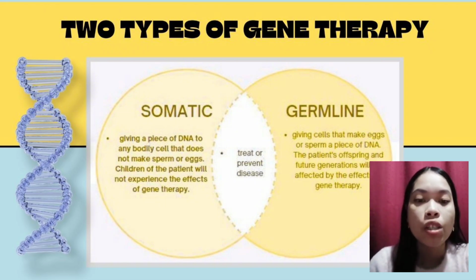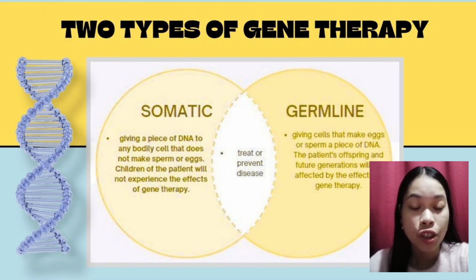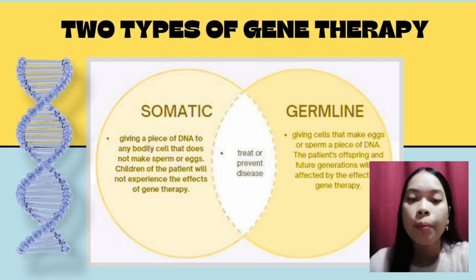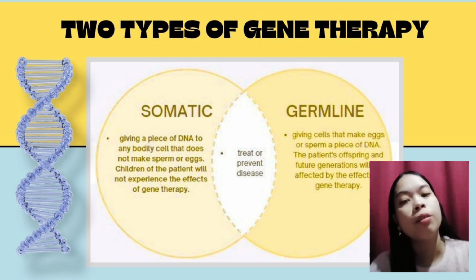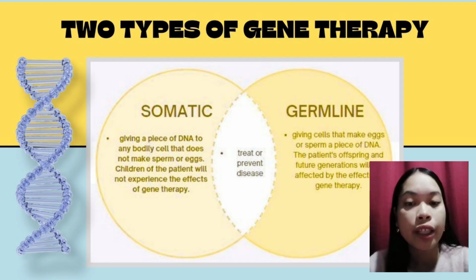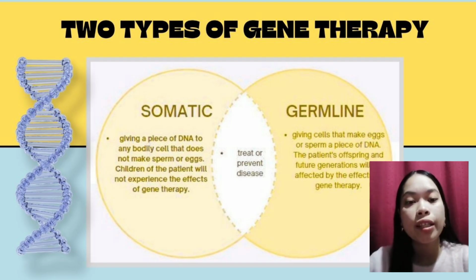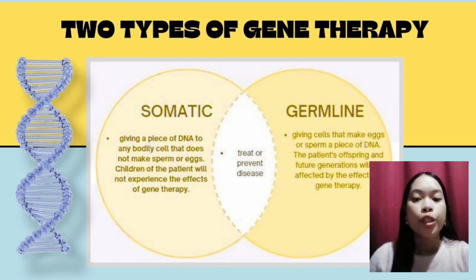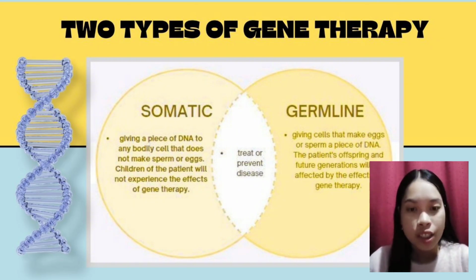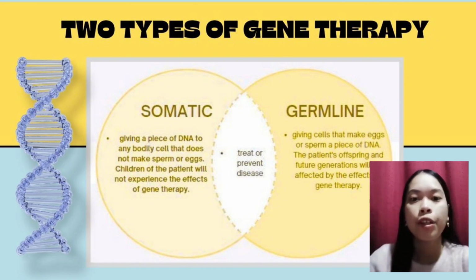That means the patient's offspring and future generations will be affected by the effects of gene therapy, because any mistake made could hurt people for hundreds of years. Countries across the world have banned this practice for now. So the core idea is simple. Somatic therapy only changes the individual being treated, but germline is the therapy that changes the entire family line forever.